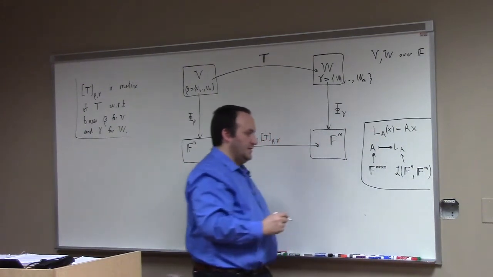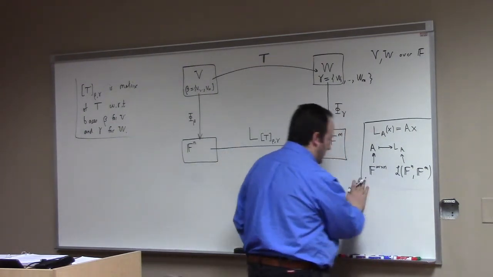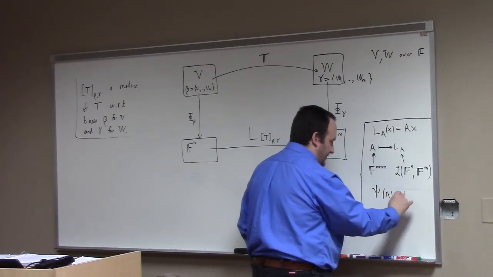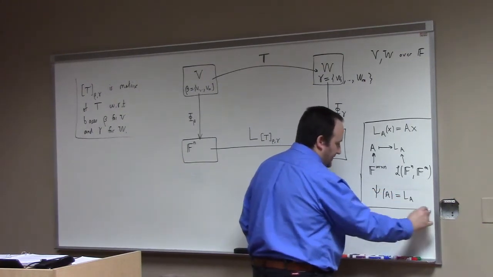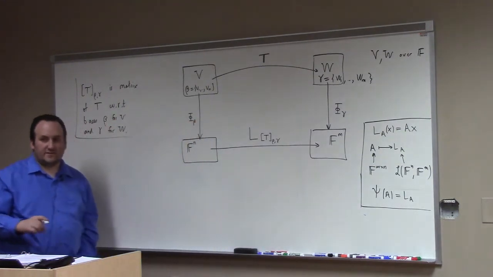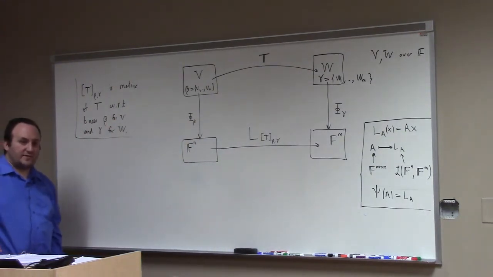So if you wanted to, you could say that this map psi of A equals L sub A. This is a bijective correspondence between m by n matrices and linear transformations from F^n to F^m.